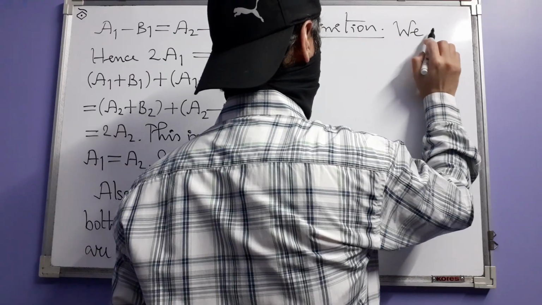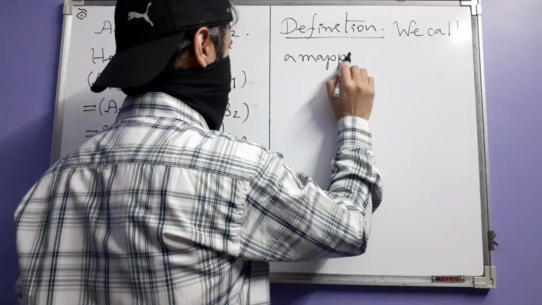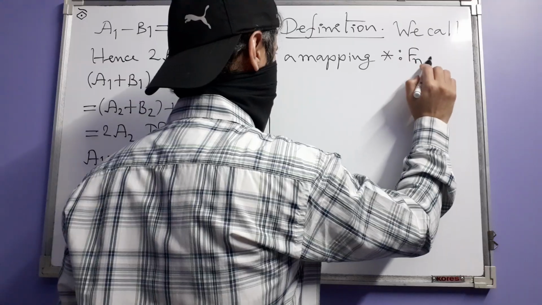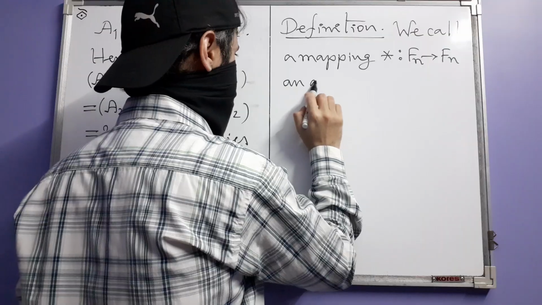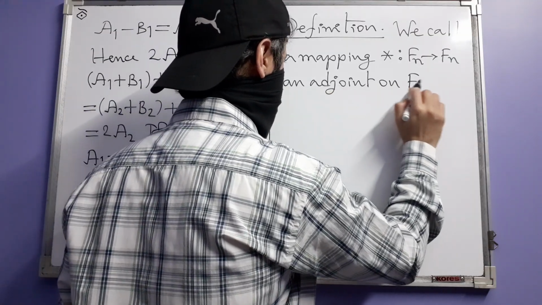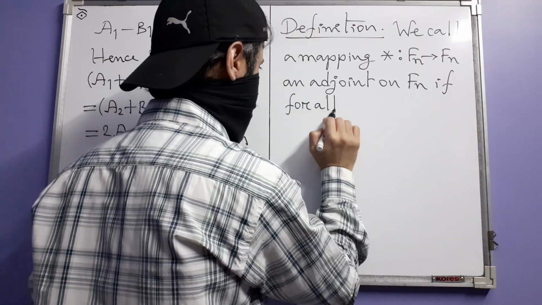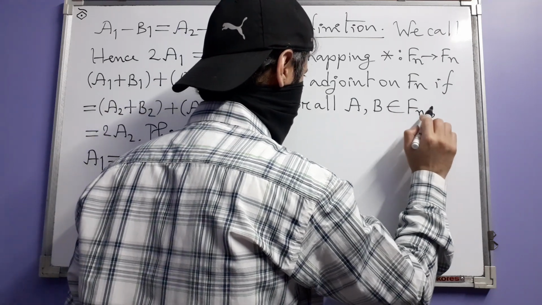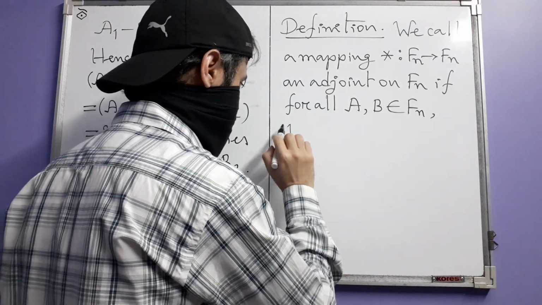We call a mapping star from the matrix algebra Fn to itself an adjoint on Fn if for all elements A and B in Fn the following are true. Following are true means these following things are satisfied.